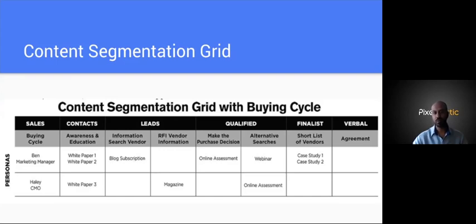If you have an audience who is comparing you with other competitors, what kind of content would be appropriate there? It will be very different, right? If someone is aware and comparing you with other vendors, the content that you would want to provide would be very different. So this grid helps you map the different types of content that you can create for different stages of your audience journey till the time they become your customer.